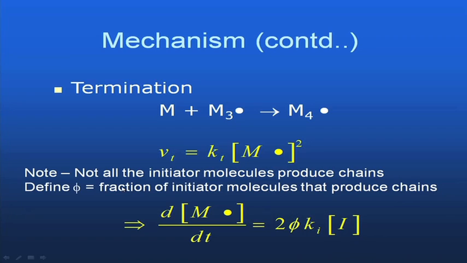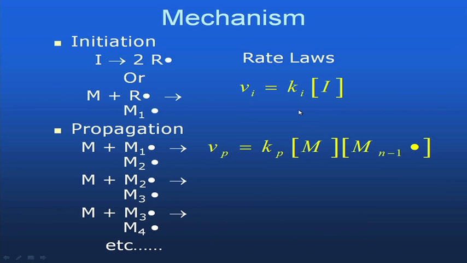And another point is that 100% of initiator molecules are not used up to produce chains; maybe some fraction is lost. To account for that fraction, you have to put a quantity like this one, KII.